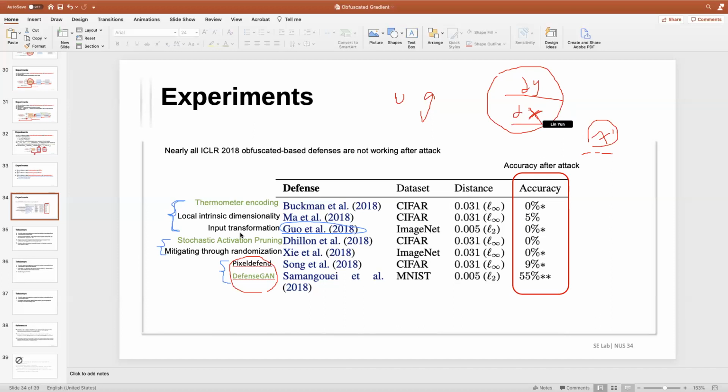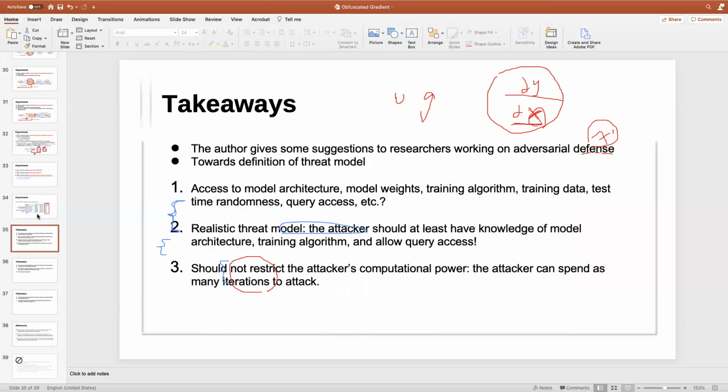For the third category, it is very hard to use the original X as a reference to continue the attack. Okay, please go on. So actually, this is an approach to systematically evaluate all the defense techniques.